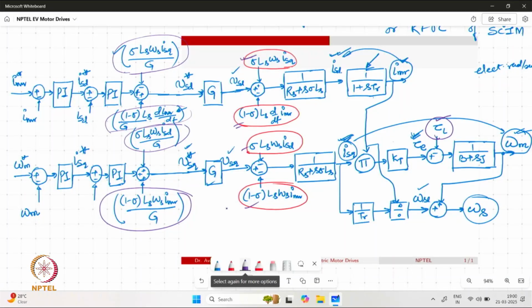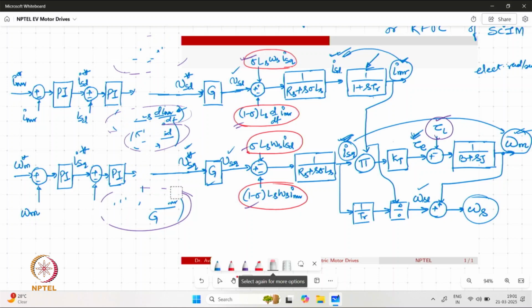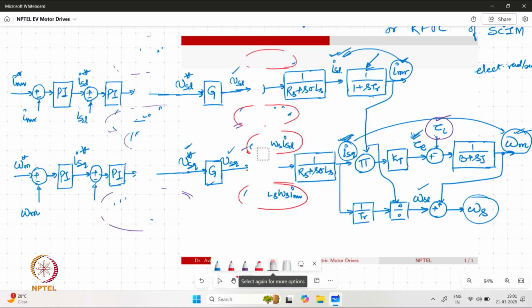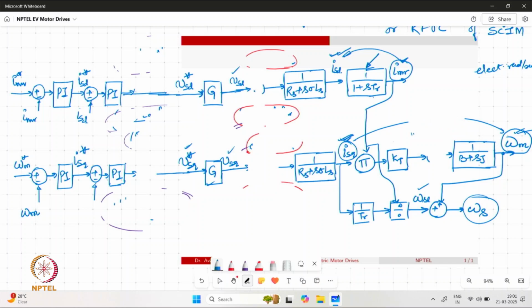So such terms can be ignored, and we can have the block diagram simplified by simply ignoring these terms. So we can connect the path directly.